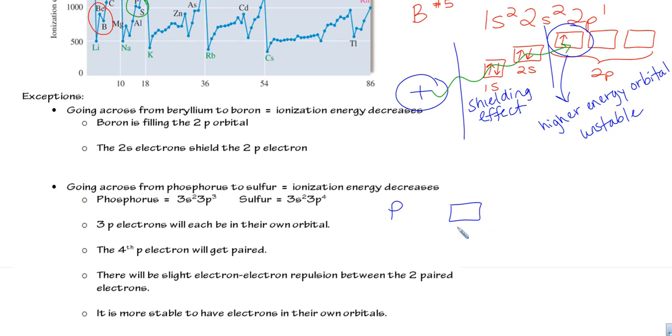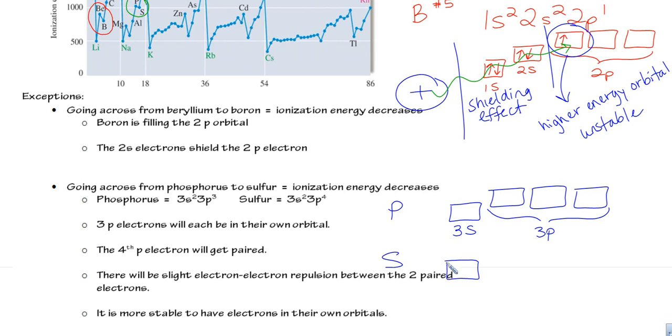We'll do the 3s. And then here would be the p's, 3p. And then here's sulfur, the 3s. And then here's our 3p's. Okay, so we've got 2 electrons in the s.